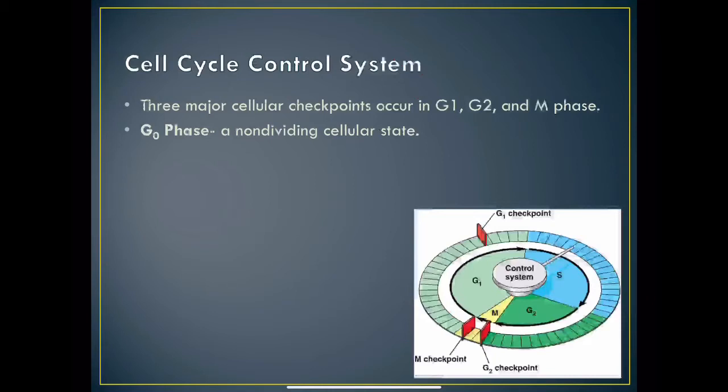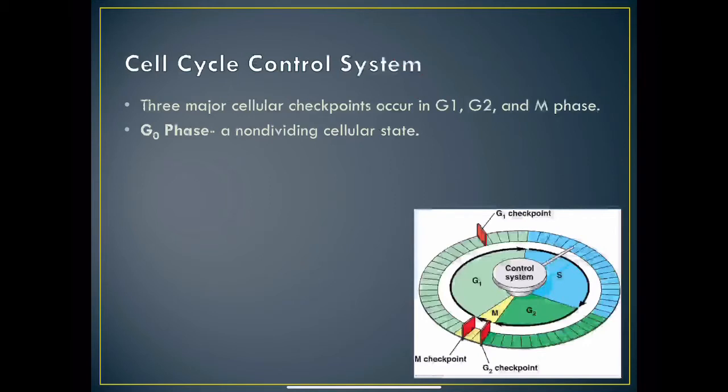I want you to walk away from this lesson understanding that all this stuff doesn't just happen by chance, that there's a lot of signals and stops and starts and regulation, and it's a machine or a factory almost working in there and making sure that everything happens just so. And that happens at the tiniest cellular level, to be able to control the process of cell division. And when that's not controlled, then you have things like cancer, okay? And we'll talk about cancer more at the end of this lesson.